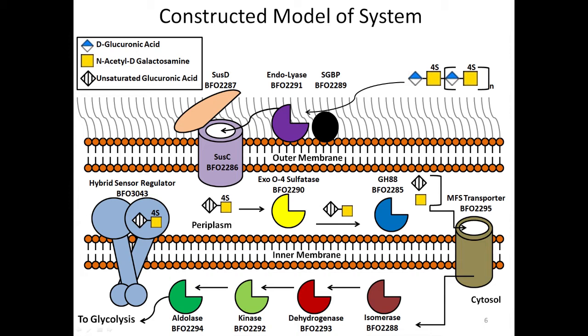The chondroitin sulfate polymer is likely to be digested by the lyase, breaking it into smaller pieces with the assistance of a surface glycan binding protein, which is then shuttled as disaccharides through the outer membrane into the periplasm, then digested by BFO 2290, the sulfatase, as well as BFO 2285, which is a GH8 family glucuronyl hydrolase, before being shuttled through by a major facilitator transporter into the cytosol for further degradation.